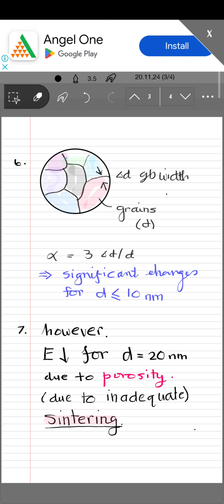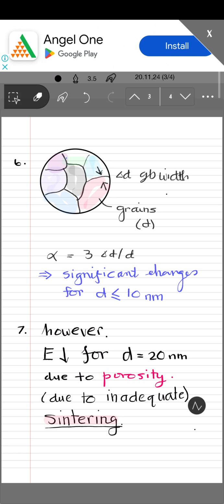However, since nanomaterials can be of different types, it has been observed that this reduction of elastic modulus has also been found for a higher grain size. A possible explanation of this is the increase in porosity which takes place during the synthesis of nanomaterials, and this porosity is sometimes inadequate.